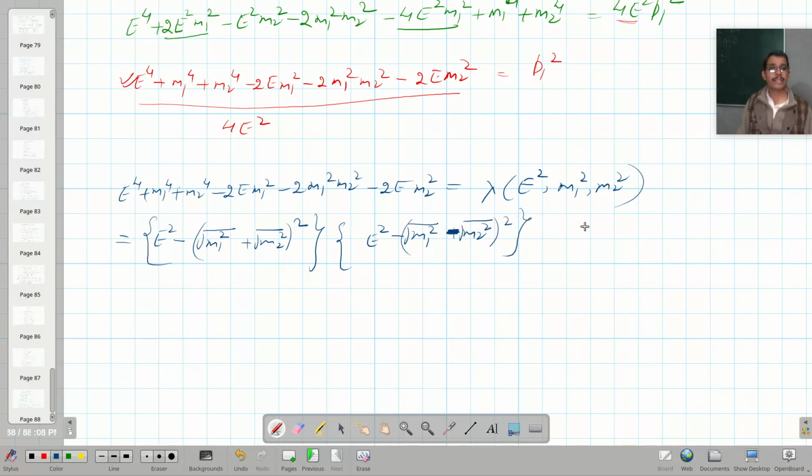Sorry, it's not a Mandelstam variable, but what do we call it as? I'm not remembering. Let me remind it. It is Callan function. This is like a Callan function, not Mandelstam.